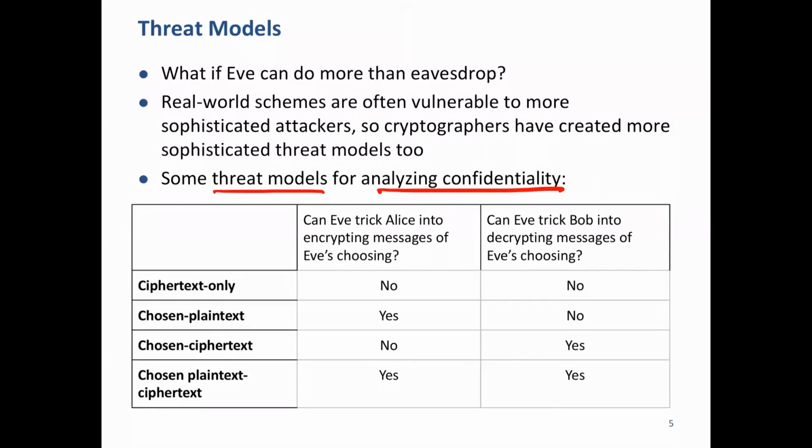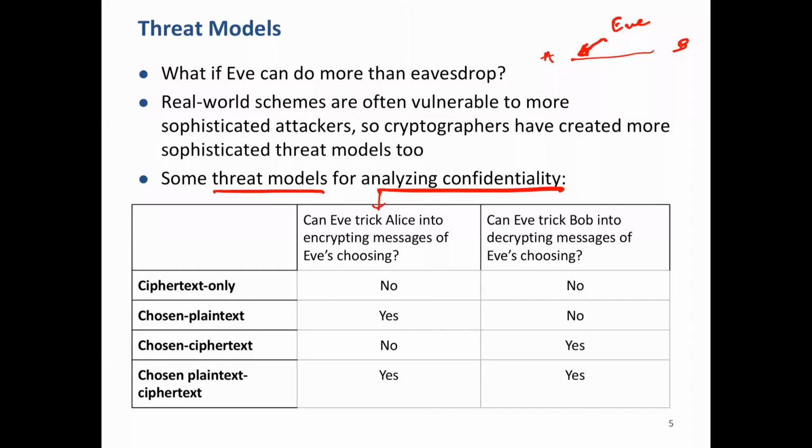Now there are two columns here. Eve is the one who is in between Alice and Bob. The first: can she trick Alice into encrypting a message?